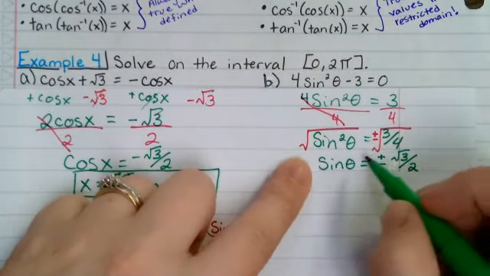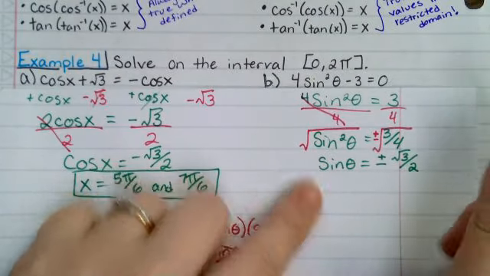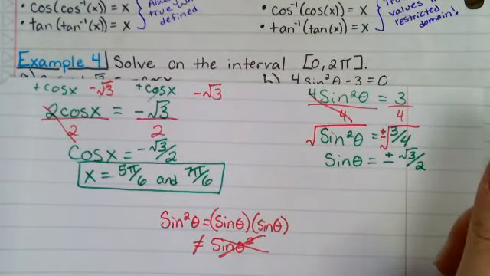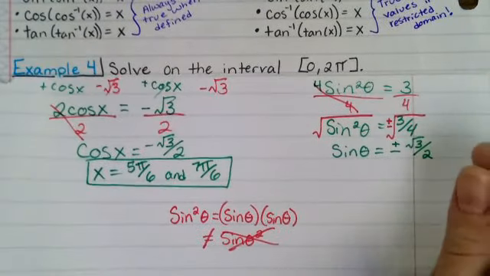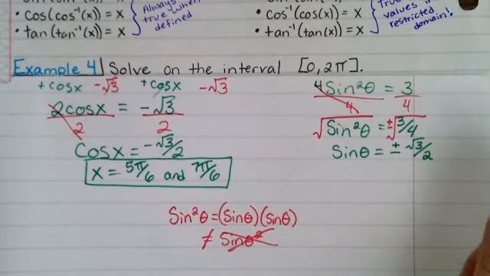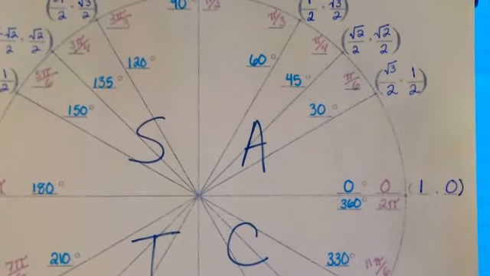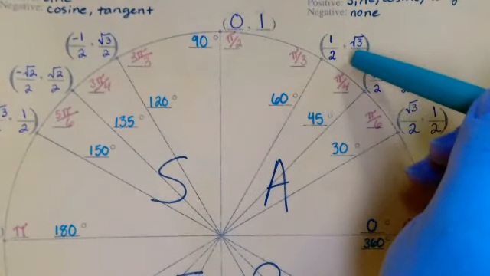So you're going to tell me everywhere on my interval where your sine, or the y value, is positive or negative root 3 over 2. There are actually 4 answers on this one if you're looking at the entire circle. So let's look. We're looking for positive or negative square root 3 over 2 for the y coordinate. I see that here at pi over 3.